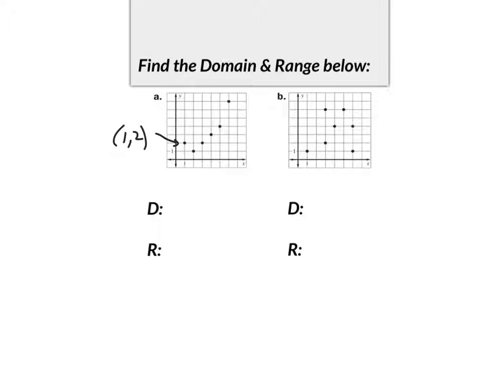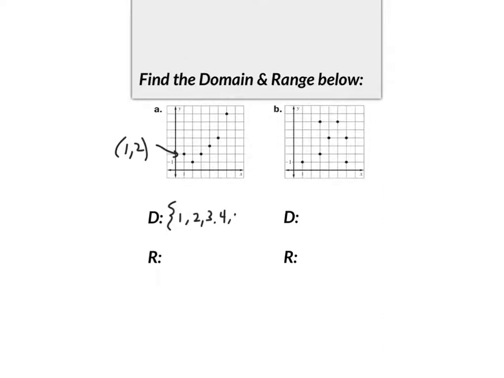For each one of these dots, the domain, I've got 1 for x, a 2 for x, a 3 for x, a 4 for x, a 5 for x, and a 6 for x. So my domain is going to be 1, 2, 3, 4, 5, and 6. Okay, that's my domain.